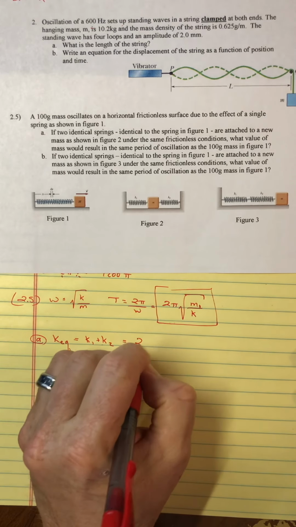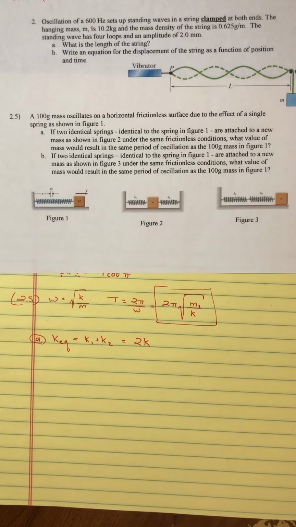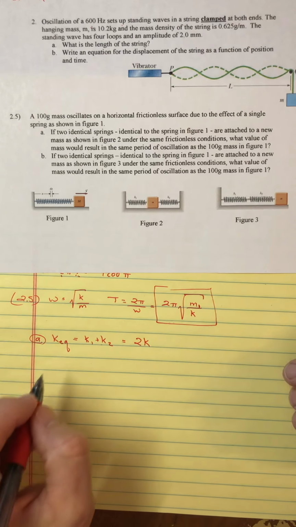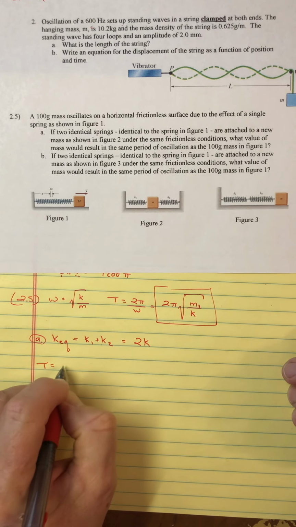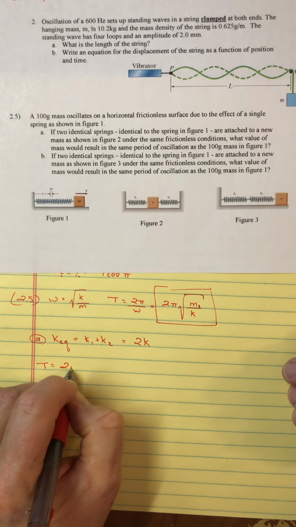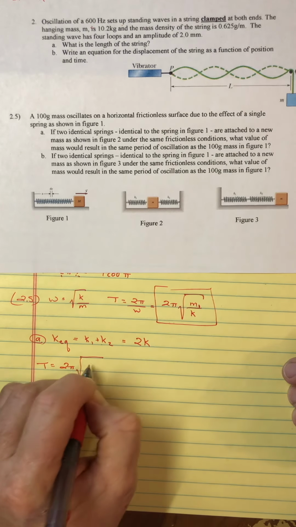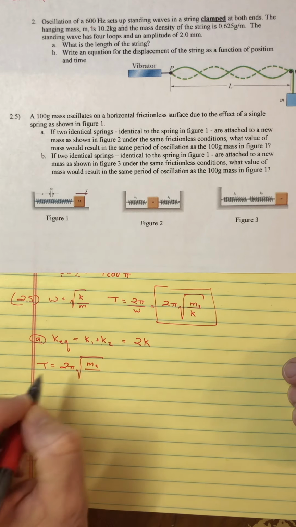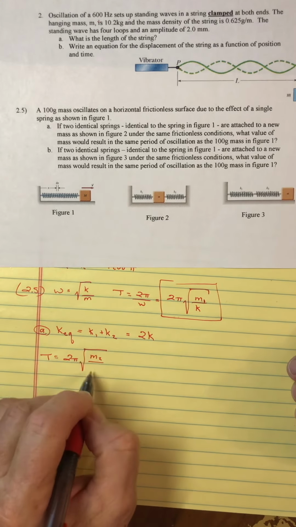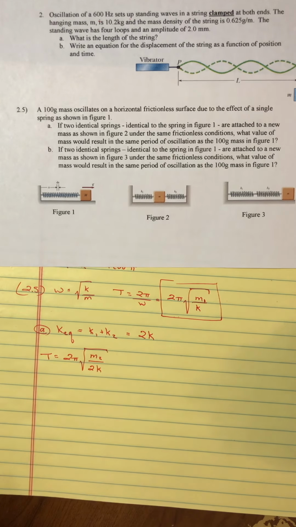Since they're two identical ones, there's no point in calling it k1 and k2. I'll just call it 2k. So if the conditions are the same, the period would be 2 pi divided by the square root of mass number 2 over this effective k, which is the 2k.